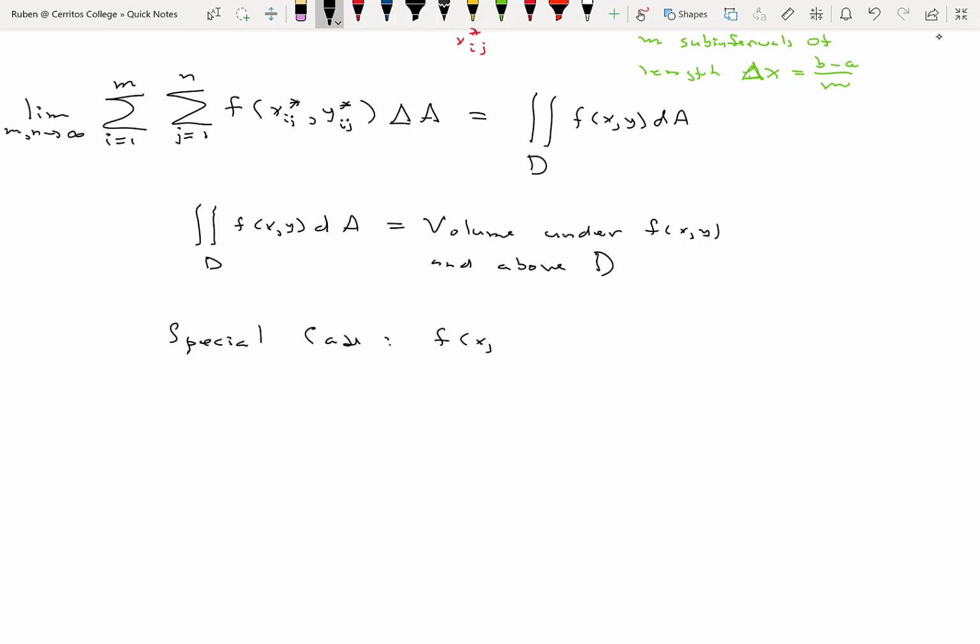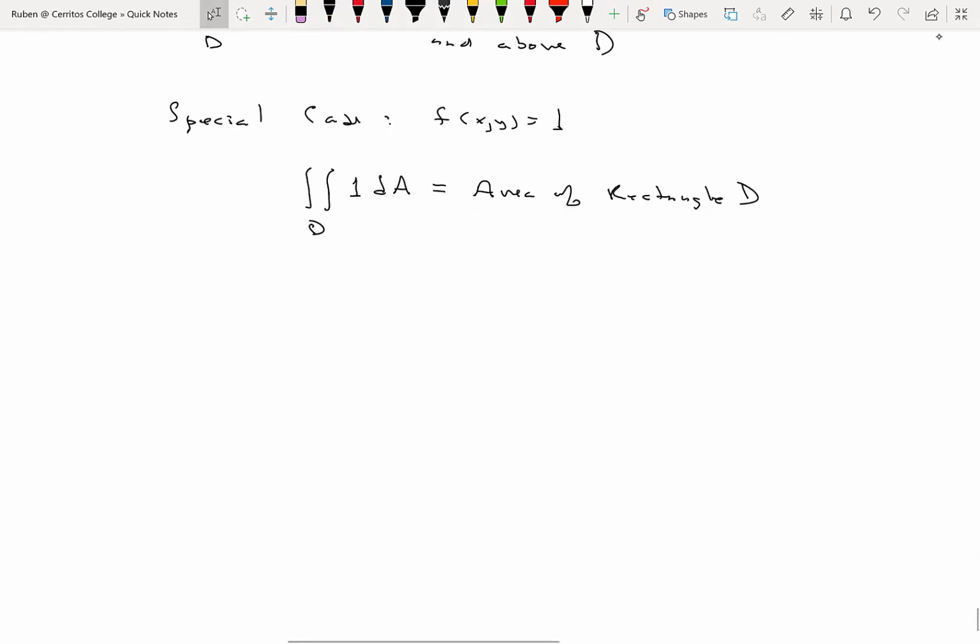If the function f of x, y is 1, then the double integral of 1 dA turns out to be the area of the rectangle, of that domain, the rectangle D. Okay, and this idea that the double integral of 1 gives us area extended to non-rectangular domains, and we'll talk about that in a minute.